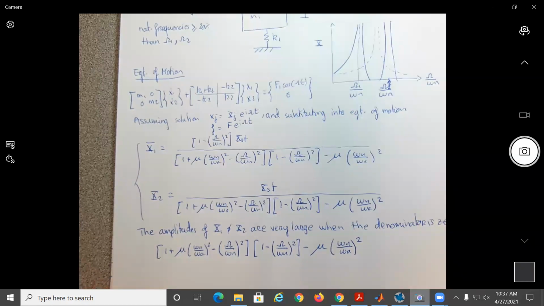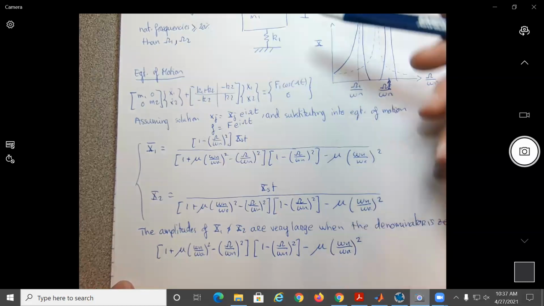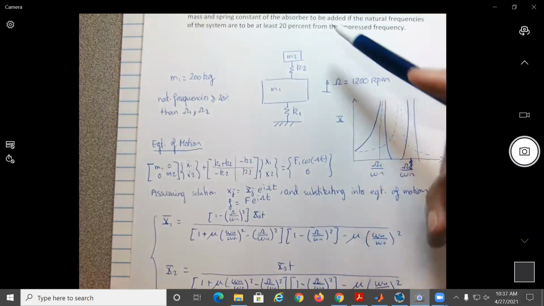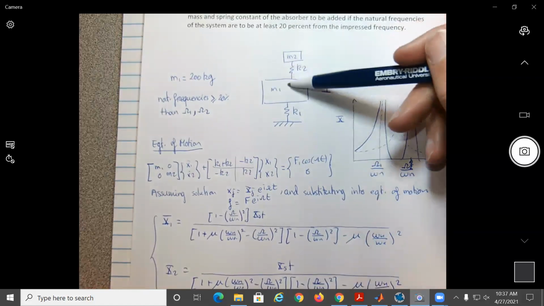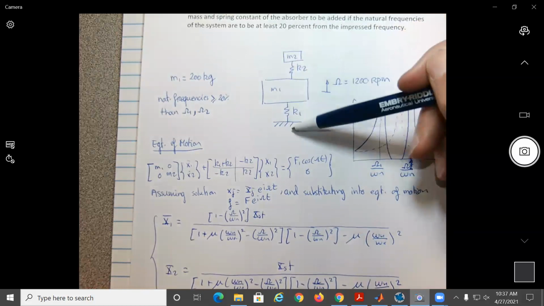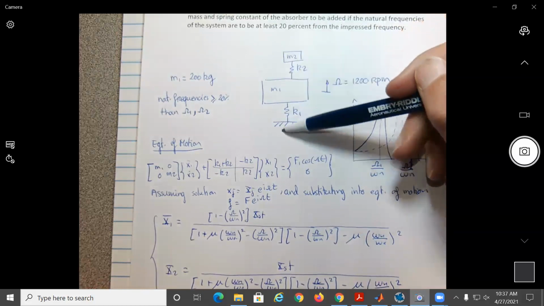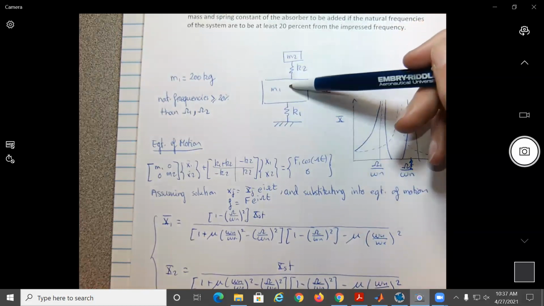All right, so over here, also the maximum vibration generally happens when? At resonance, no? So what happened at resonance? The natural frequency of this system, assuming that this mass moves with this mass, would be resonance, no?